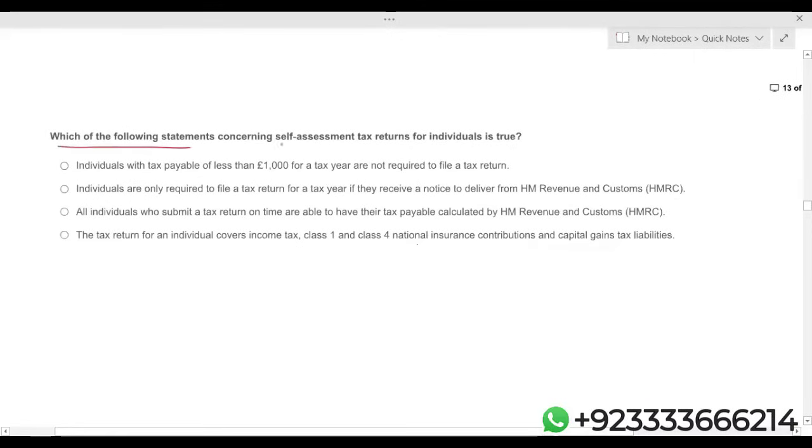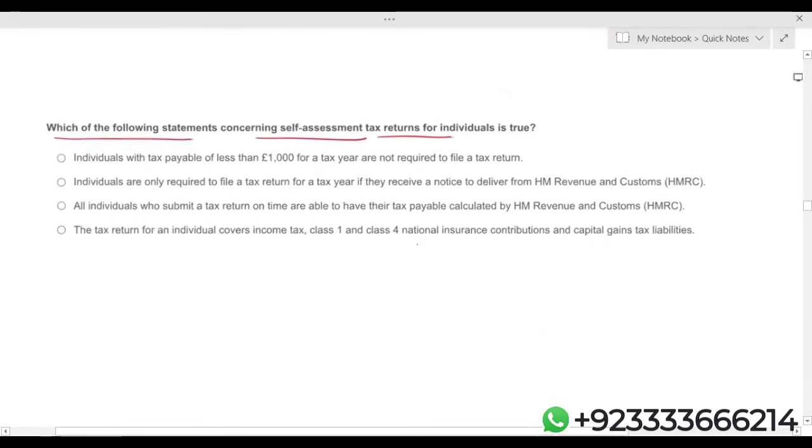Which of the following statements concerning self-assessment tax return for individual is true? Individual with tax payable of less than 1,000 for tax year are not required to file a tax return. False. Individuals are only required to file a tax return for the tax year if they receive the notice from HMRC. False.